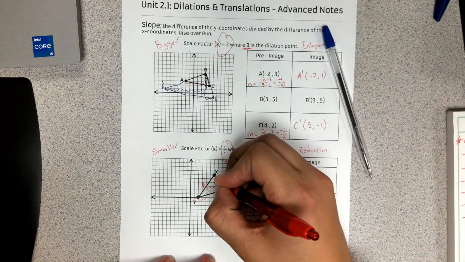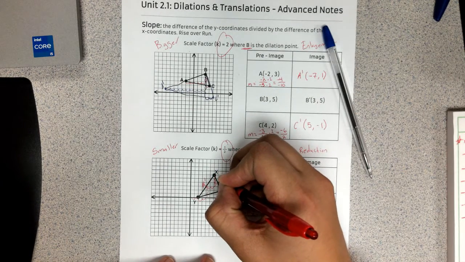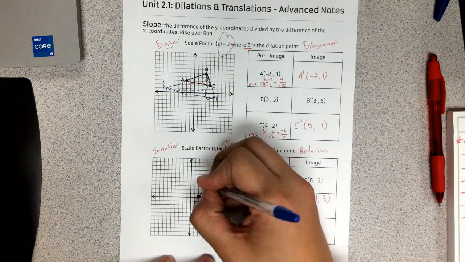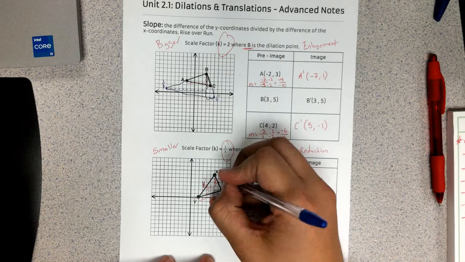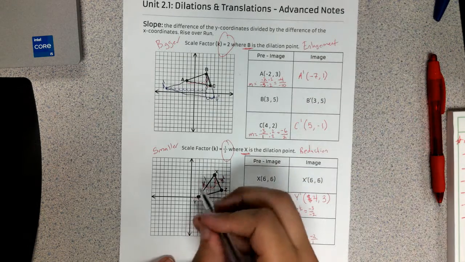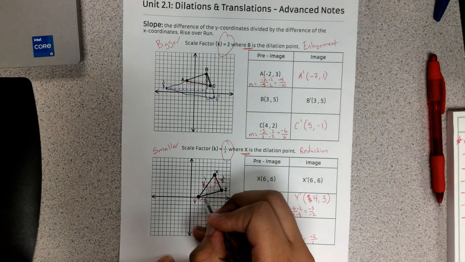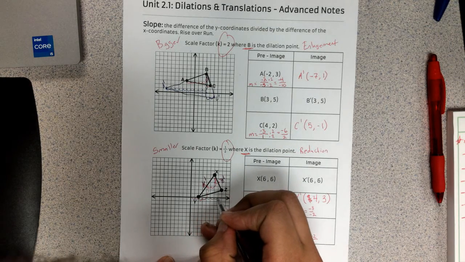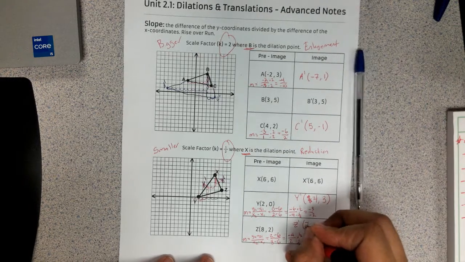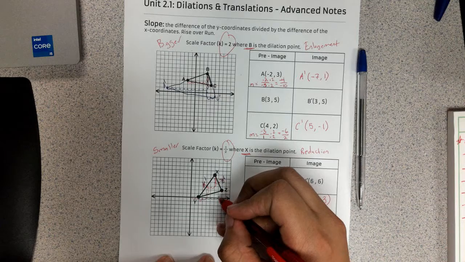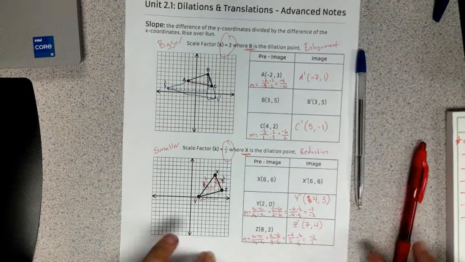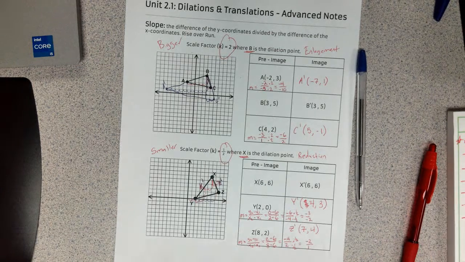So if we go 1, 2, 1, my z prime is there. So I have a y prime and a z prime there. And so the coordinates of my z now are 1, 2, 3, 4, 5, 6, 7. So z prime is 7, comma, and then 1, 2, 3, 4. So 7, comma, 4 to get our new coordinates.